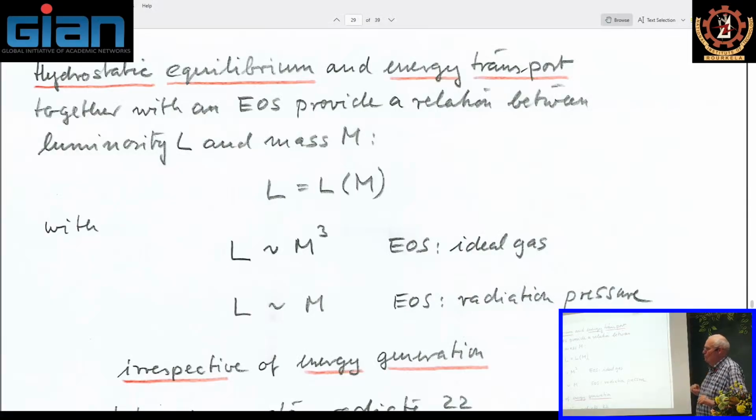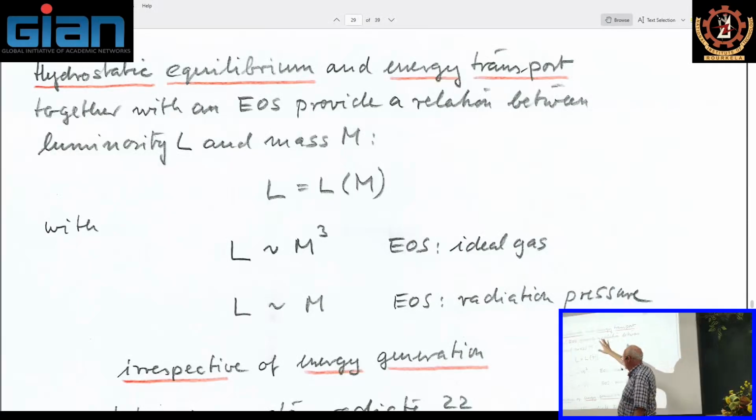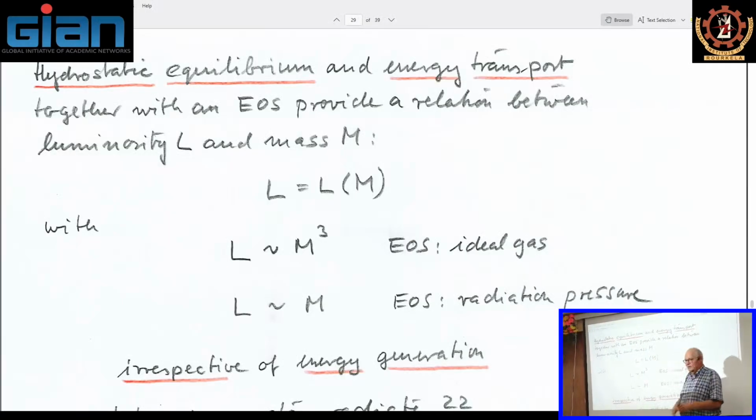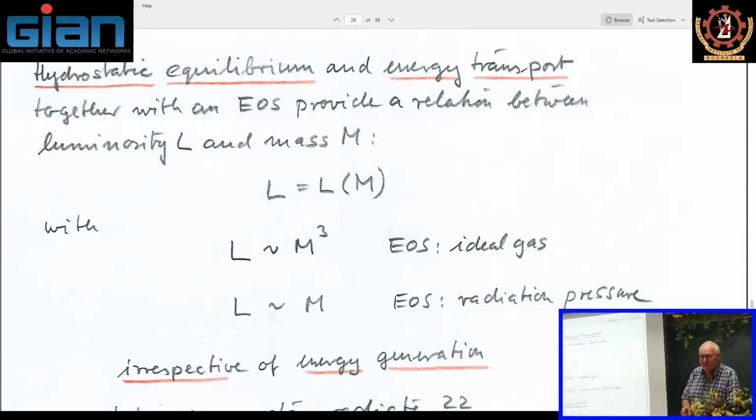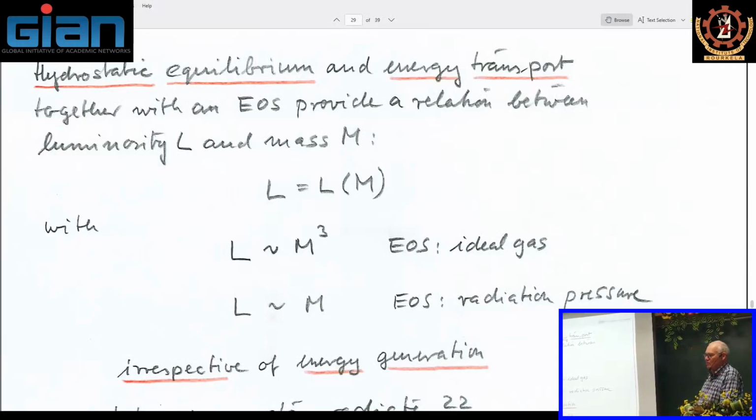The question then, of course, arises, how does the energy generation come into play here? The star has to radiate because it's hotter inside than outside. This is controlled by the transport and the hydrostatic equilibrium. And the question is how the second point, the energy generation, comes into play.